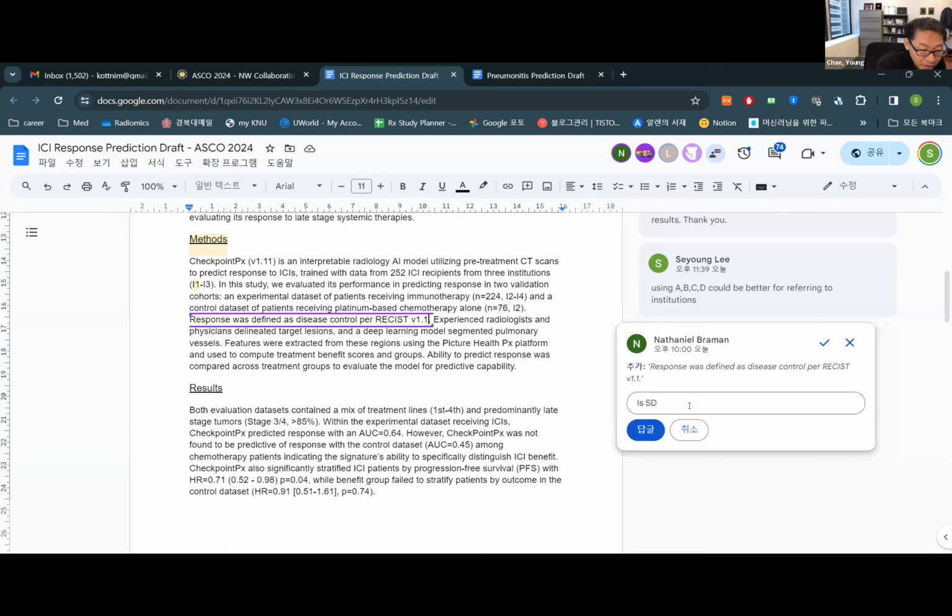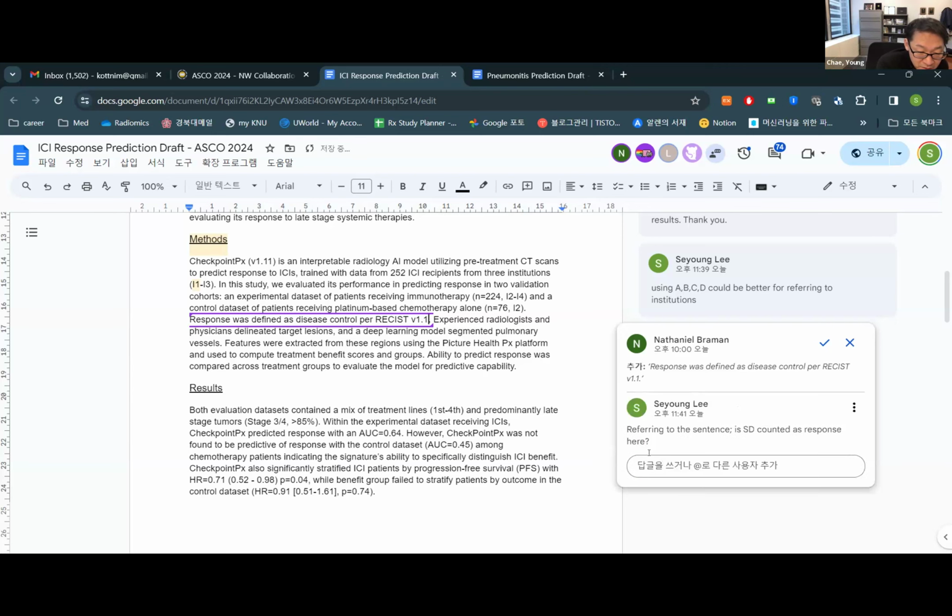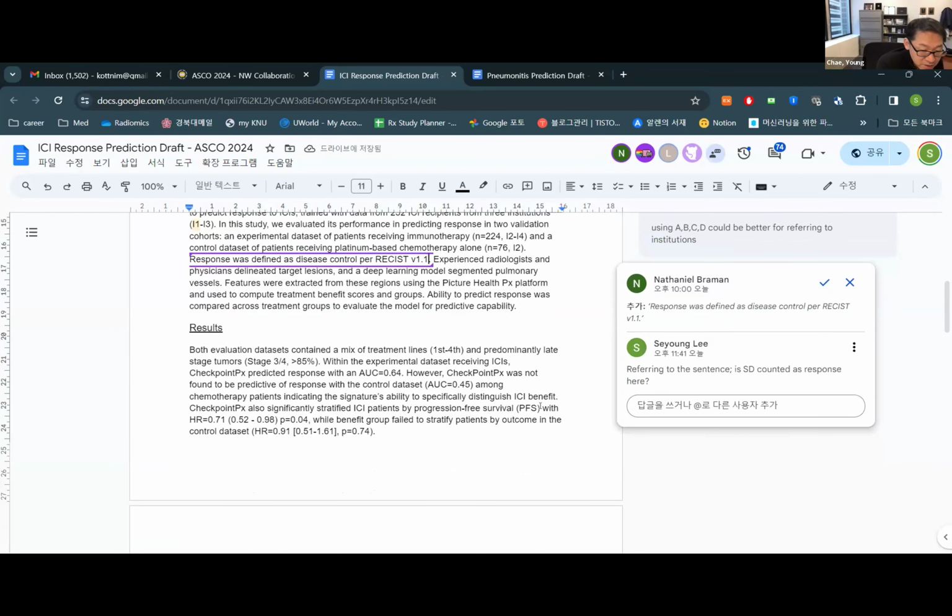Both confirmed mixed treatment lines and predominantly late-stage tumors within the experimental data set receiving ICIs. Predicted response with AUC 0.64 was not found to be predictive of response in the control data set among chemotherapy patients.